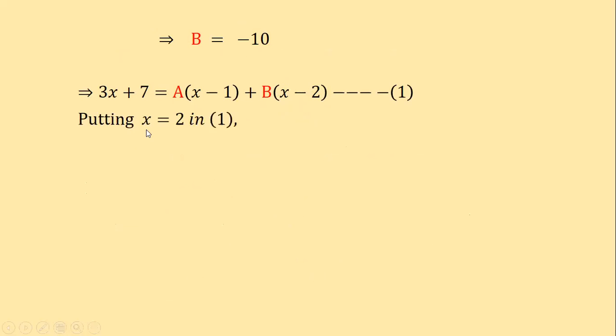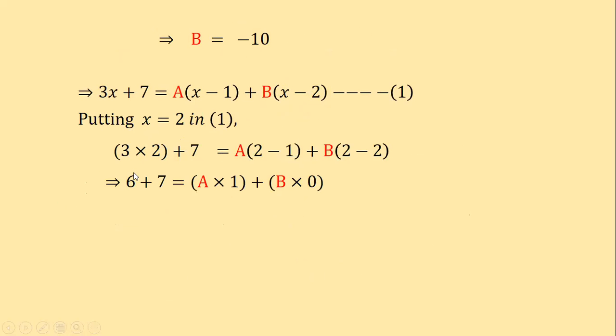So by putting x is equal to 2 in equation number 1, what do we get? 3 into 2 plus 7 is equal to A into 2 minus 1 plus B into 2 minus 2. 3 twos are 6, plus 7 is equal to A into 2 minus 1, which is 1, plus B into 0. So this term is now 0. A into 1 is A, and 6 plus 7 is 13. So A is equal to 13. What we got: A is equal to 13 and B is equal to minus 10.